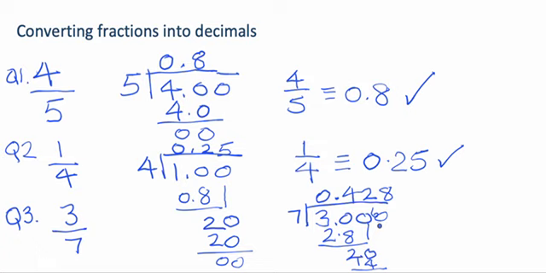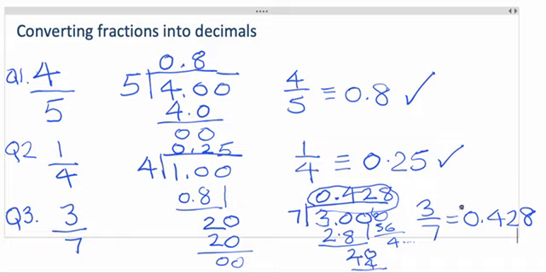And there is some left over. So 7 8s are 56. So that's 4 left over. And you can carry on going. But in fact, this level of detail is sufficient. It's more than sufficient. In fact, you could round it up. So you could say 3 over 7, same as 0.428.